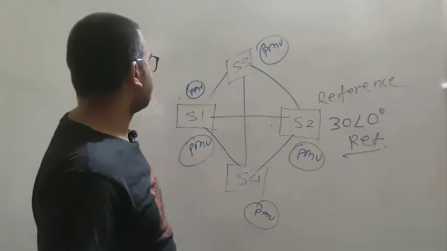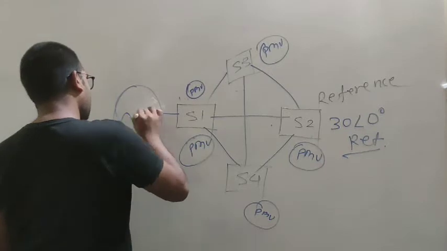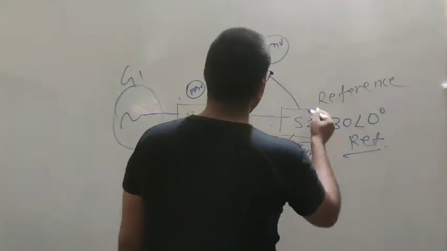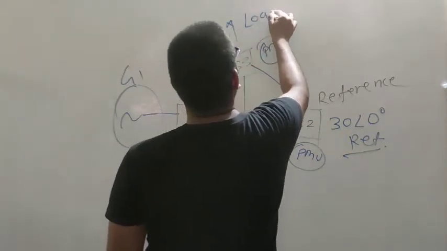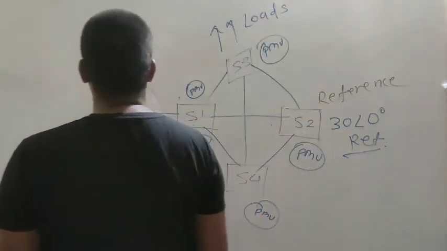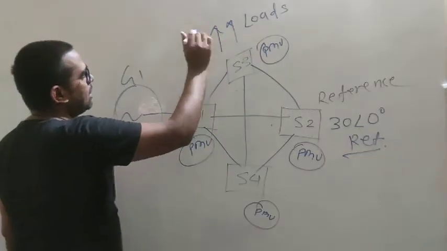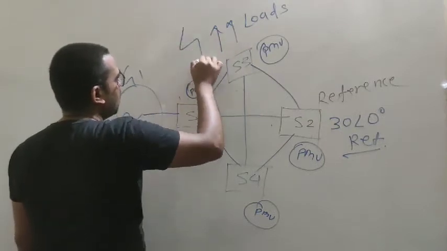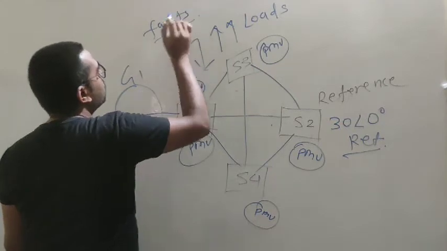So what will happen if some fault occurs? Here we have one generator, G1, and we have some loads here in S3. Assume a fault occurs in this load.